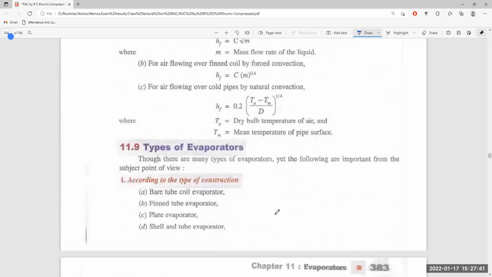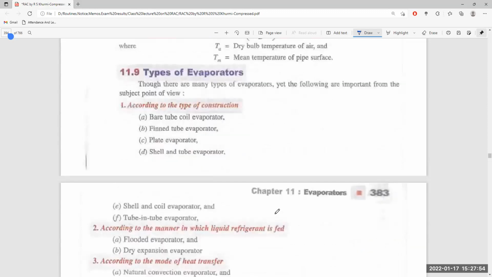Next, let us go to the types of evaporator. According to the type of construction, there are actually 6 different types: bare tube coil evaporator, finned tube evaporator, plate evaporator, shell and tube evaporator, shell and coil evaporator, and tube in tube evaporator.